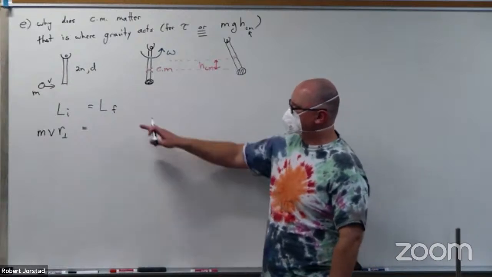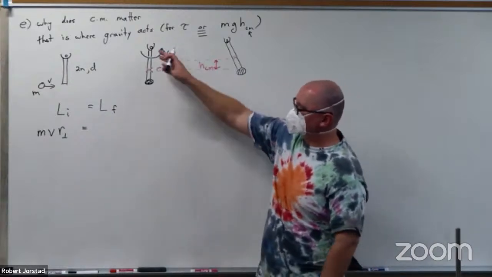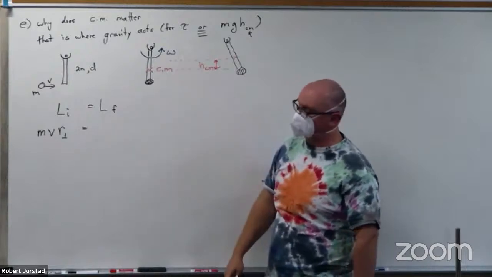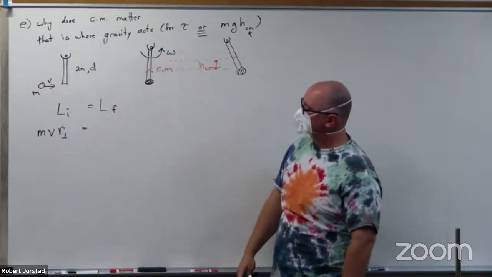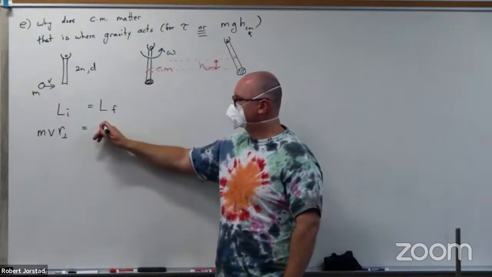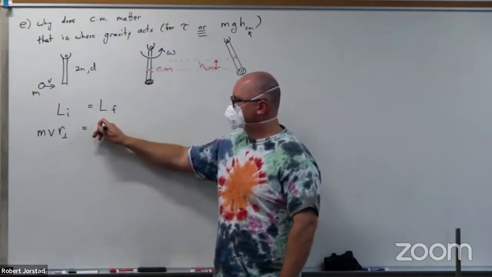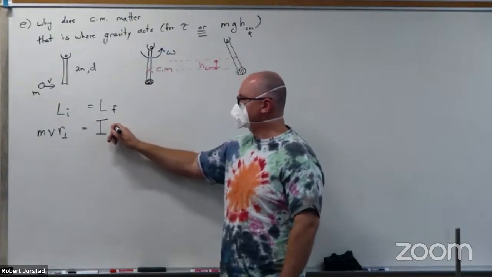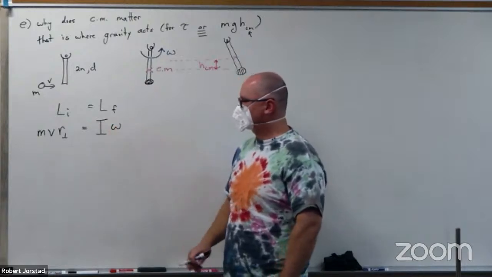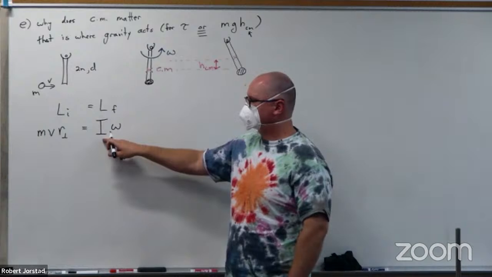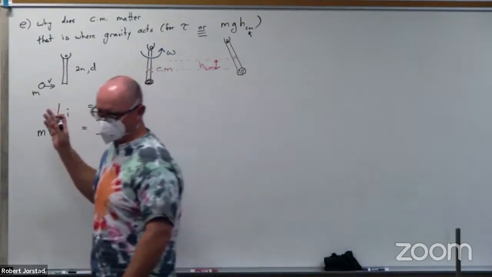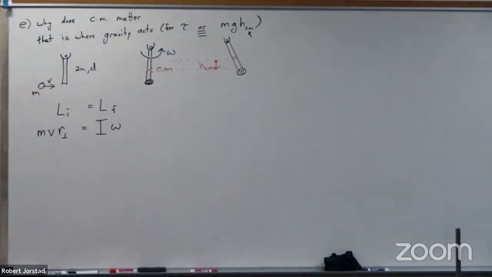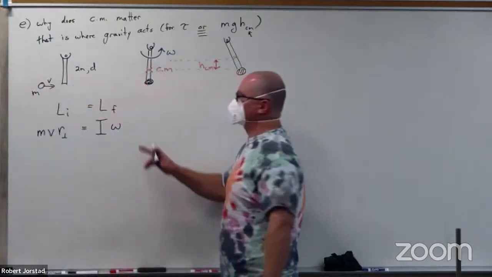What's a good way to write the final angular momentum if you have this weird object rotating with some rate omega? I omega. What is I? Now wait, I want to make sure I get the right masses. The ball had mass M. Okay, got it. What's the moment of inertia?